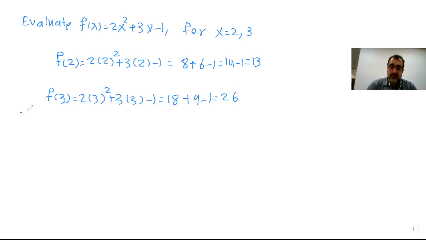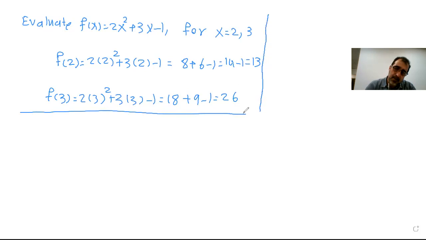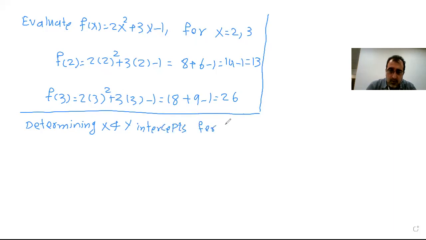Another example can be like this. Determine the x and y-intercepts for y equals 3x minus 6.